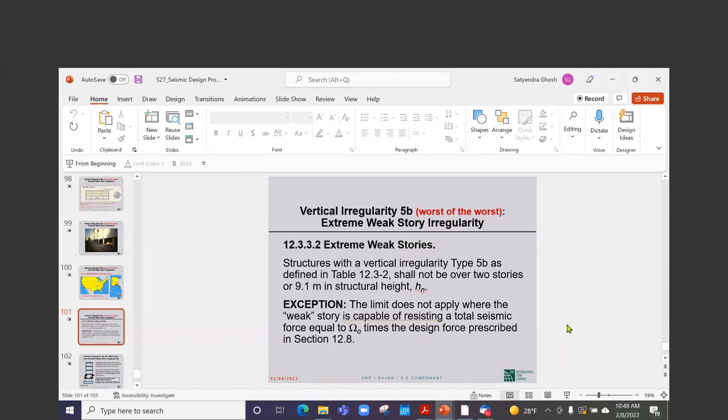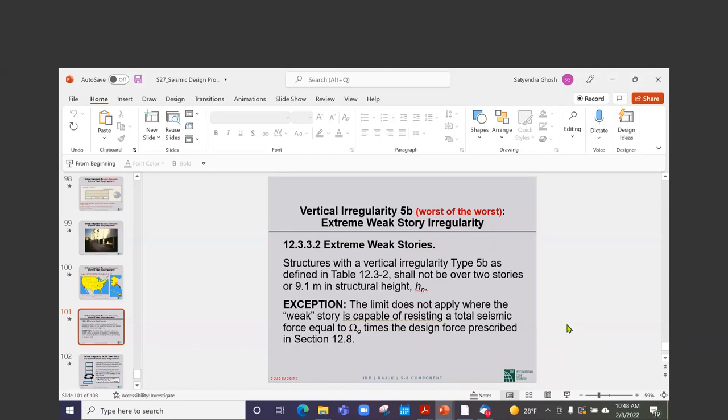The combined flexural strengths of the columns meeting at a joint must be at least 120% of the combined flexural strengths of the beams meeting at the same joint.